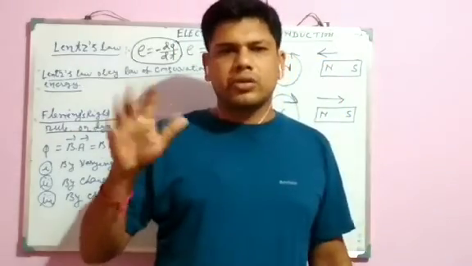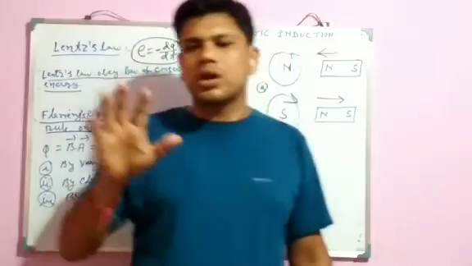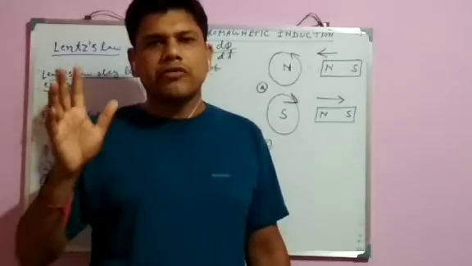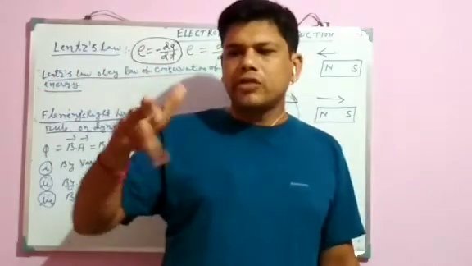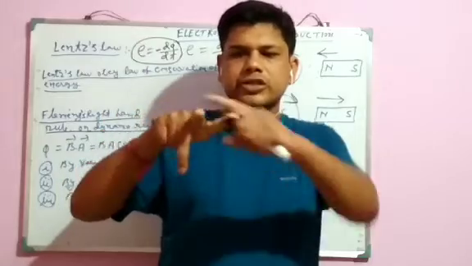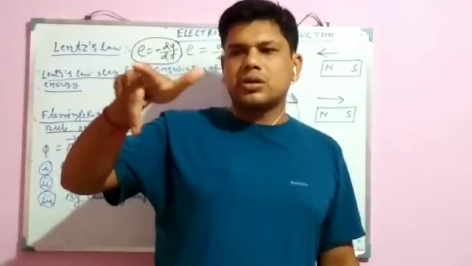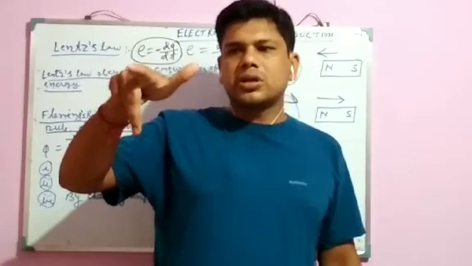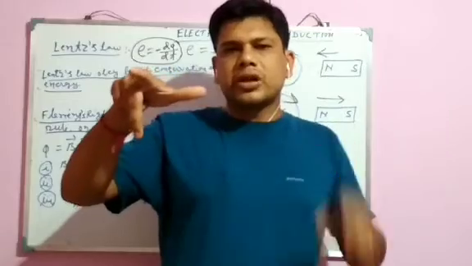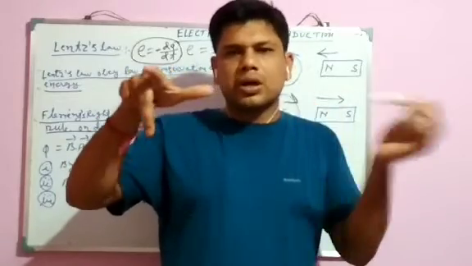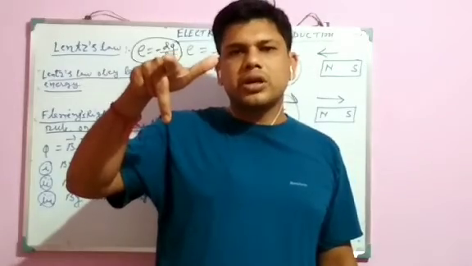According to Fleming right hand rule, if we stretch these three fingers, the index finger, central finger and thumb, such that they are perpendicular to each other, and the index finger gives the direction of the magnetic field and the thumb gives the direction of the movement of the conductor, then the central finger gives the direction of induced current or induced EMF.